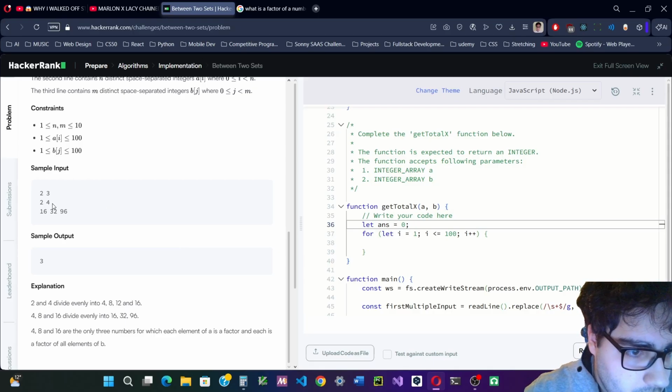So this number has to be divided evenly by both of these, and also needs to divide all of these.